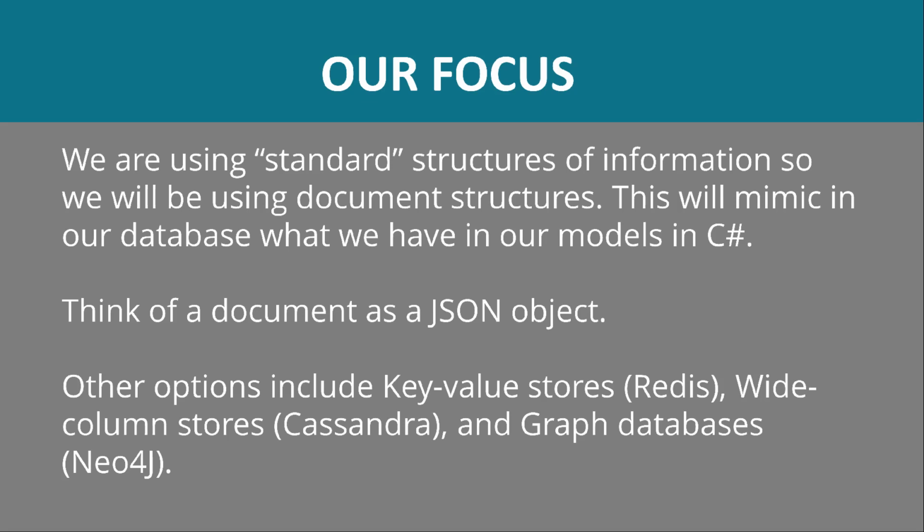In ours, we're going to use a very standard style, MongoDB and also Cosmos DB, which are both document structures. Actually, in Cosmos we can store different types, but we're going to choose the document style. So that's our focus for these next couple of videos: NoSQL, but a standard document structure for our NoSQL database.